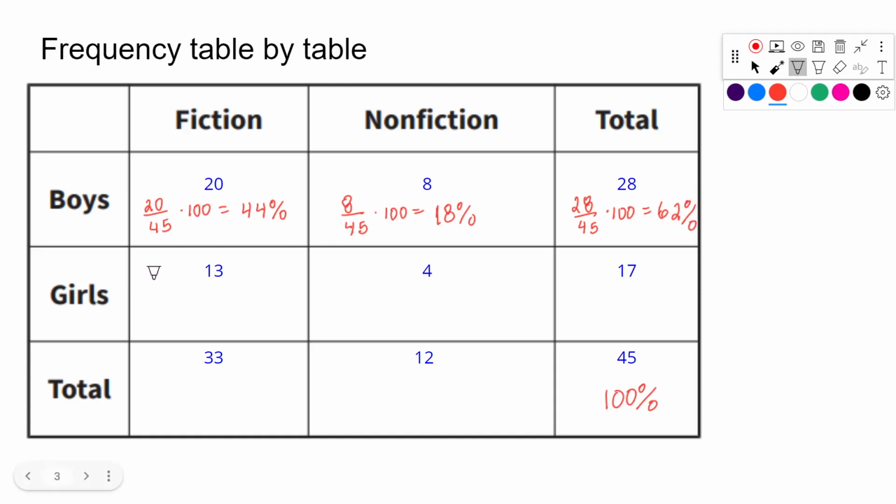Now let's take it to the girls. 13 divided by 45 times 100 is 29%. 4 out of 45 times 100 will be 9%.